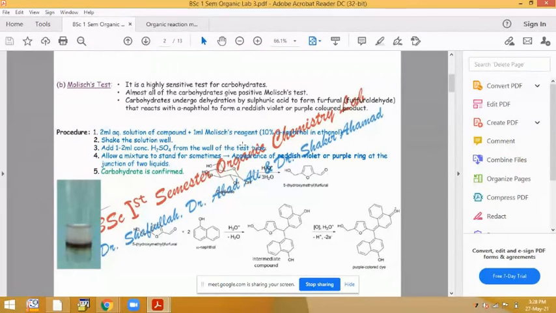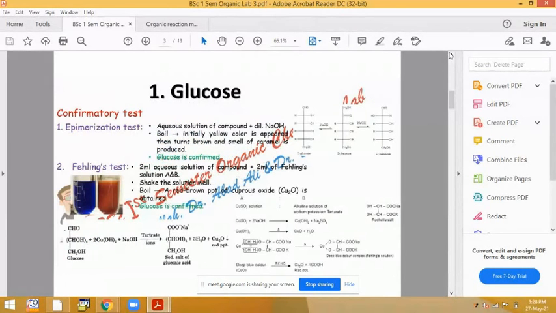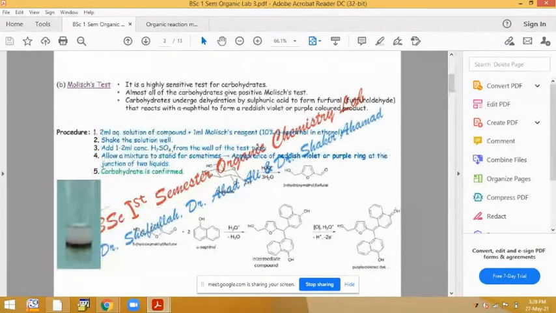And when it undergoes dehydration by sulfuric acid to form furfural, that is furfural aldehyde, which reacts with alpha naphthol to form a reddish or violet or purple color product. Purple color product means a ring between the junction of the two liquids. You see in the left hand side test tube, this type of violet color ring at the junction of the two liquids, which is called a ring test.